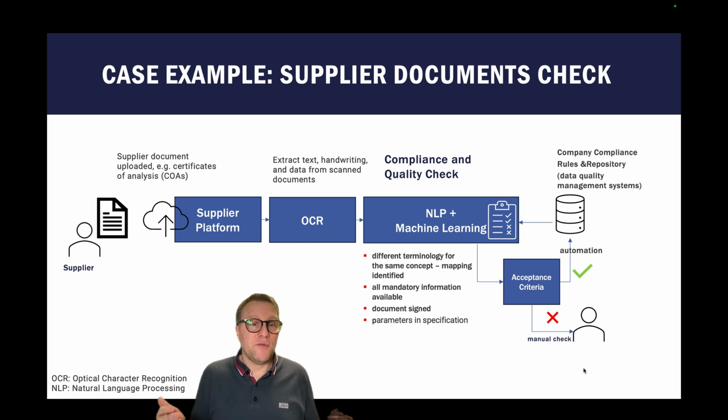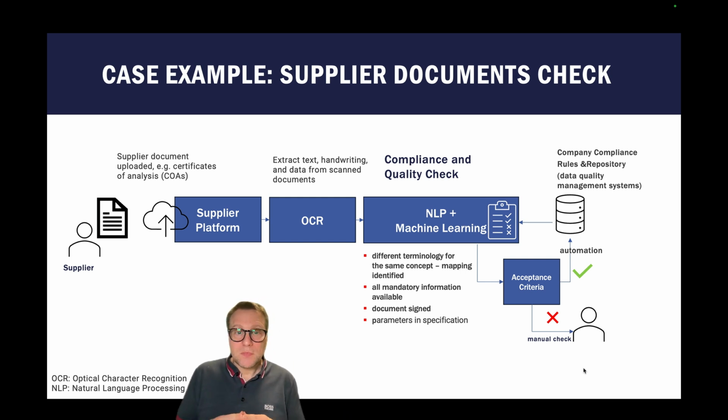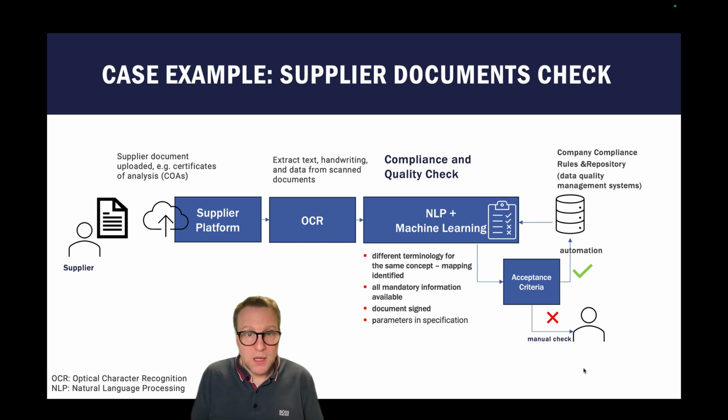And then in the first stage of the analytics steps, a so-called OCR starts, optical character recognition, and this part has the goal to extract the text and the handwritten data from the scanned document. OCR techniques are really evolving very fast, with very good vendors on the market, and they're a standard solution for this.